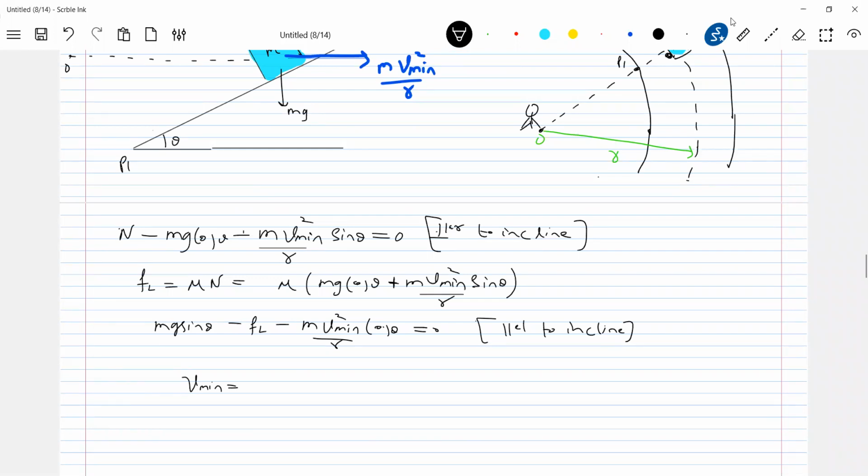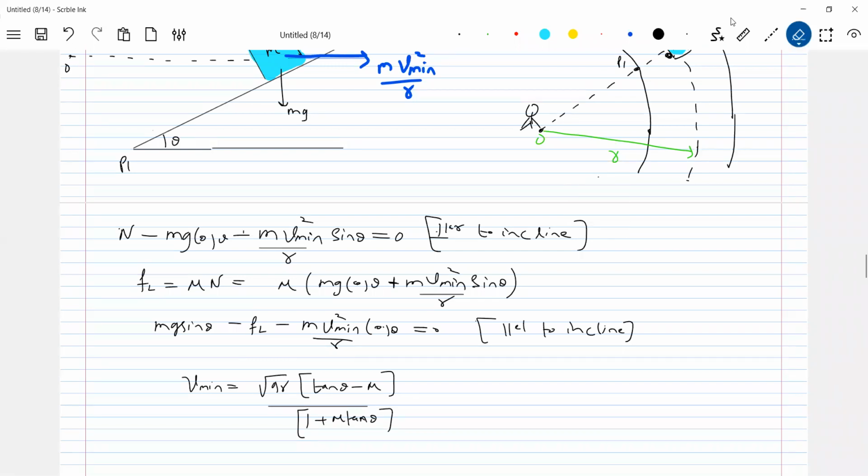Sir, it is root over gR cos theta into sin theta minus mu cos theta. I'll put it like this, tan theta minus mu. Okay, fine. This much only.